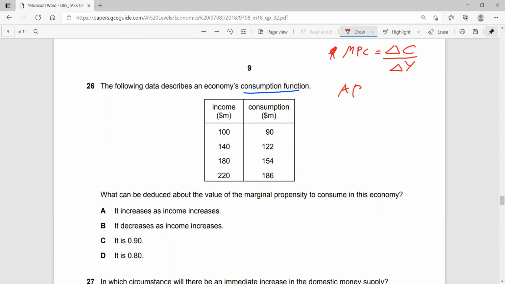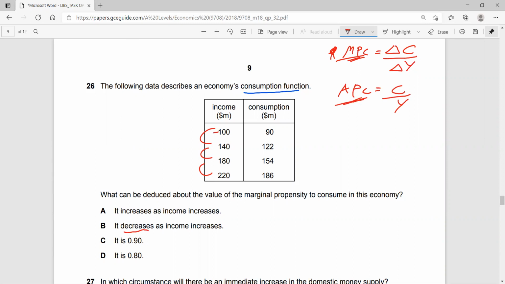This is different from your APC, your average propensity to consume. Average propensity to consume is just consumption divided by income. There's no change involved. So here we have to be looking at change, because we are looking at MPC, and not APC. The APC is probably decreasing as income increases, but that's not the MPC.